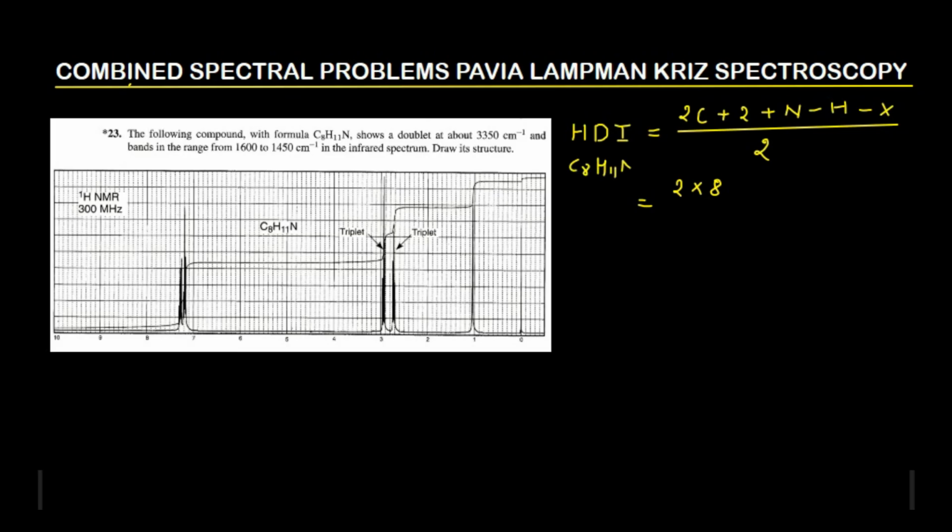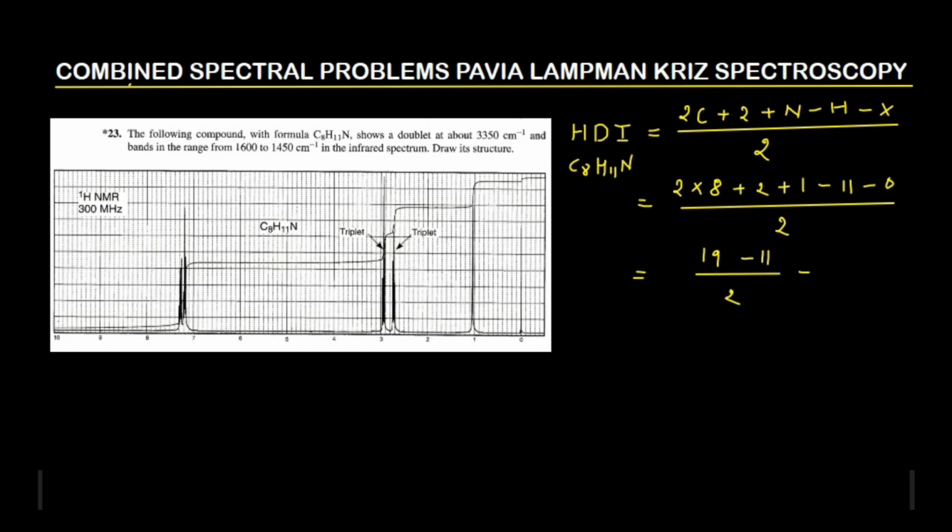C8H11N. Okay, and then plus 2 is there, and one nitrogen is there, so you will add 1 to it, right? And then minus 11 minus 0, right? And then you will divide it by 2 according to the formula. So 16 plus 2 plus 1 is 19, minus 11, divided by 2.